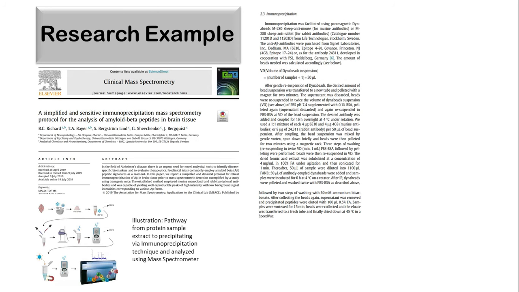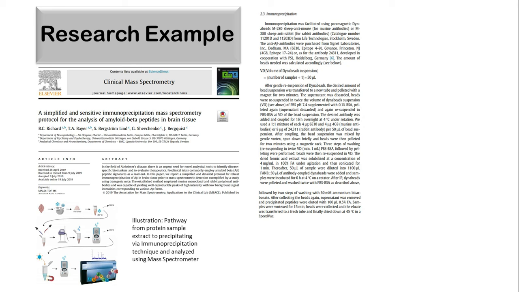Moving on to the research example that I came across from Science Direct, which is about Alzheimer's disease, and the journal title is A Simplified and Sensitive Immunoprecipitation Mass Spectrometry Protocol for the Analysis of Amyloid Beta Peptides in Brain Tissue. So it is about the analysis of peptides, which requires the immunoprecipitation method to precipitate out proteins.